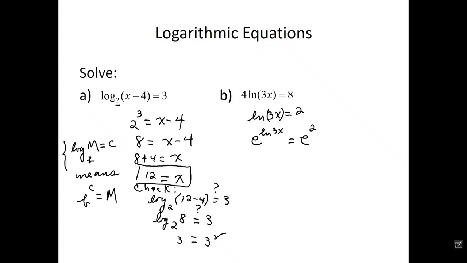So what do we have? We have the natural log of 3x is 3x. You recall the property that e raised to the natural log of 3x, again the base is e, so we get 3x is equal to e squared.